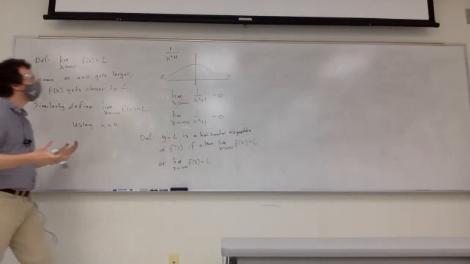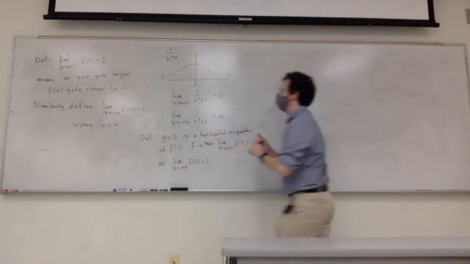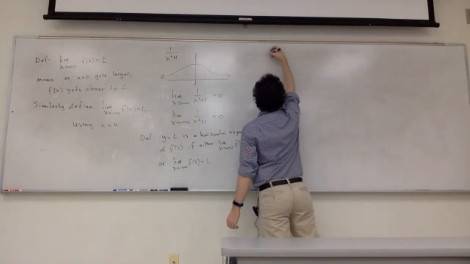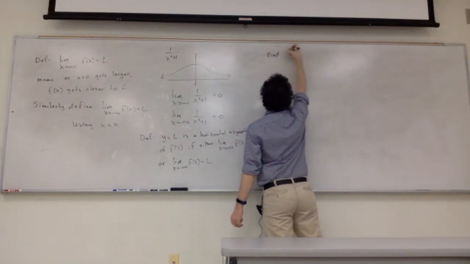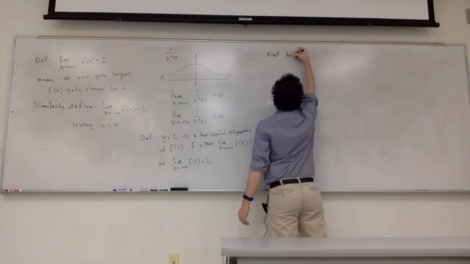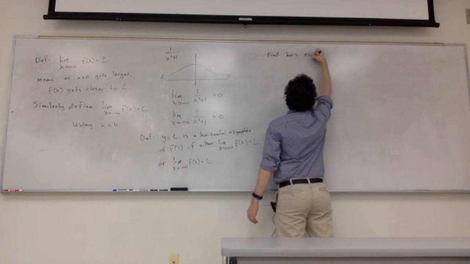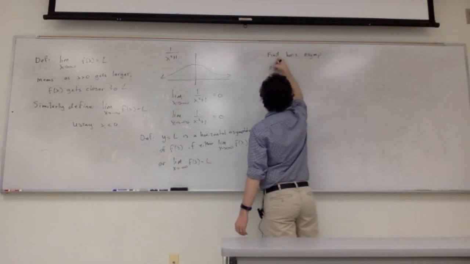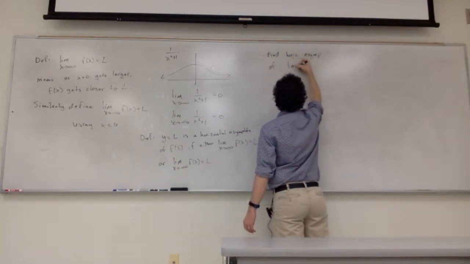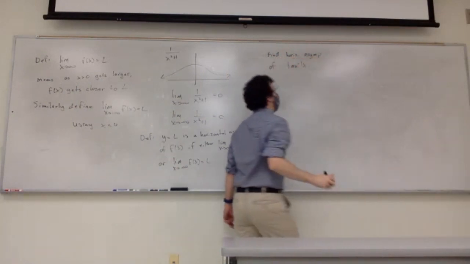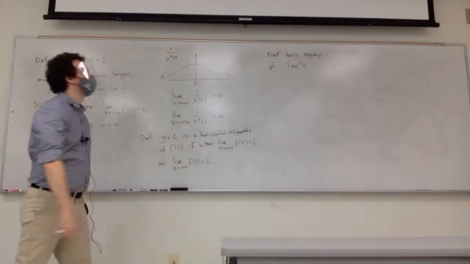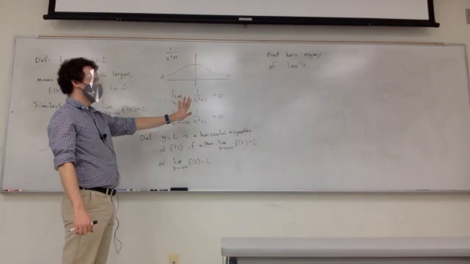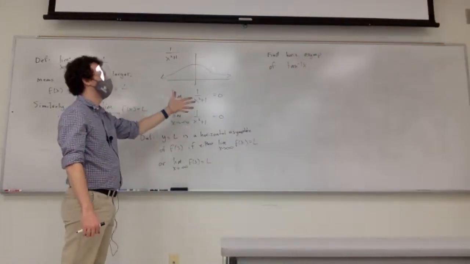But there can be more things happening with horizontal asymptotes. So for instance, what if we find the horizontal asymptotes of inverse tangent? This inverse trig function is where you take the middlemost part of tangent and flip it on its side.